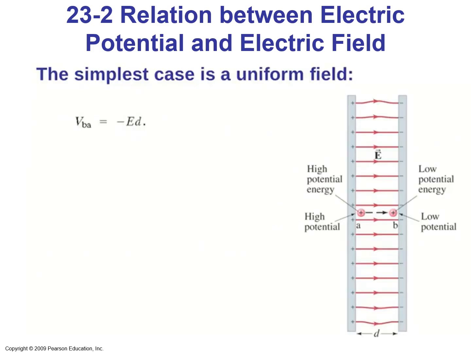The simplest example is the case of a uniform field, where the electric field is constant and comes out of the integral, multiplied by the integral over the distance from A to B, which is a constant d also. So the total electric potential is minus E times d.